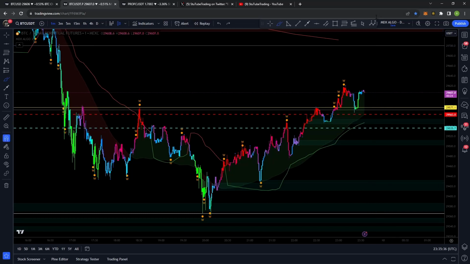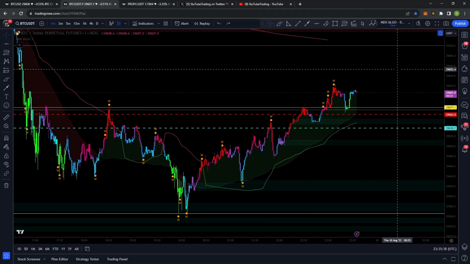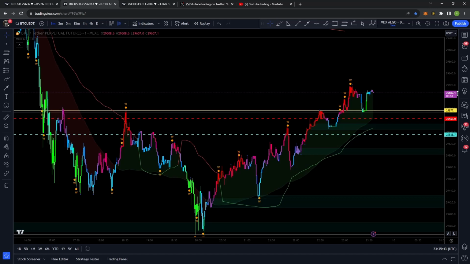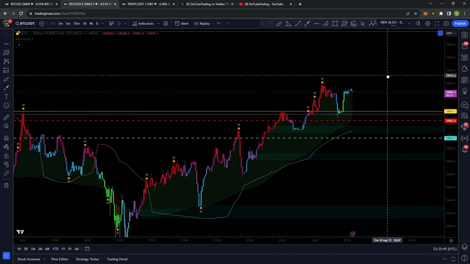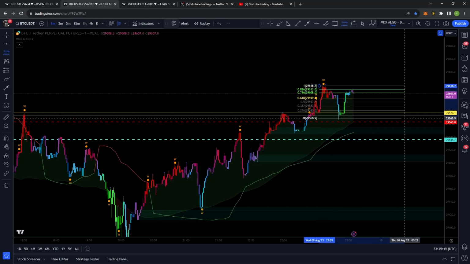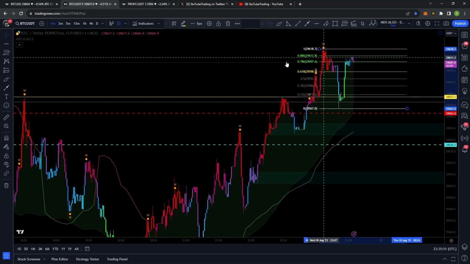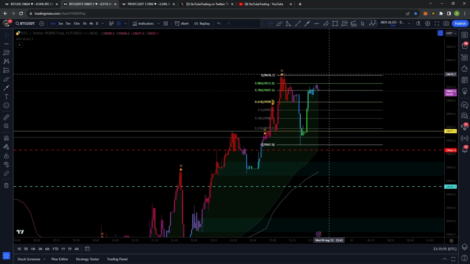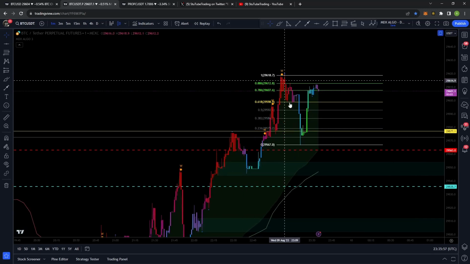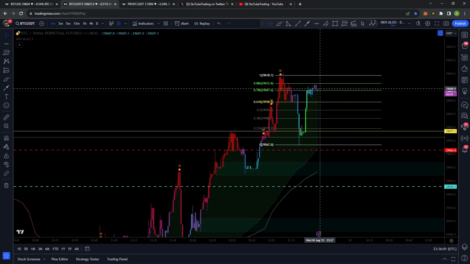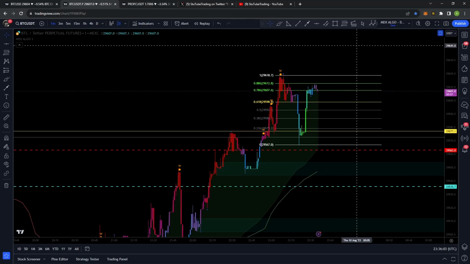But we're going to have to see what happens here. See, notice how this little bounce is starting to struggle right in that pocket there. I am debating taking a little bit of profits.